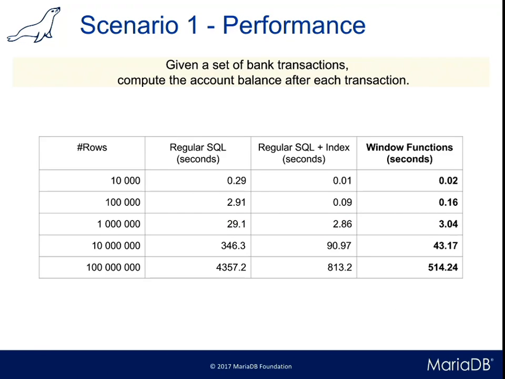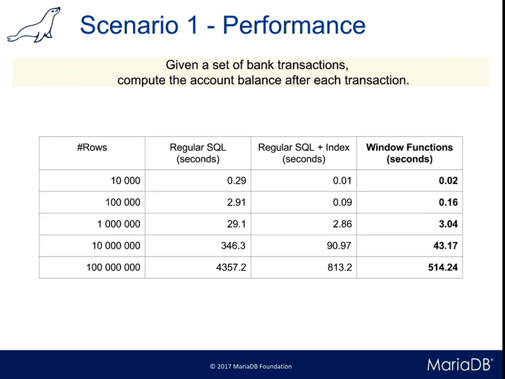Let's see how performance affects. So look at the regular example. No indexes, nothing, just the query optimizer trying to do its best without any extra information. The time increases basically linearly, but the constant is quite large.